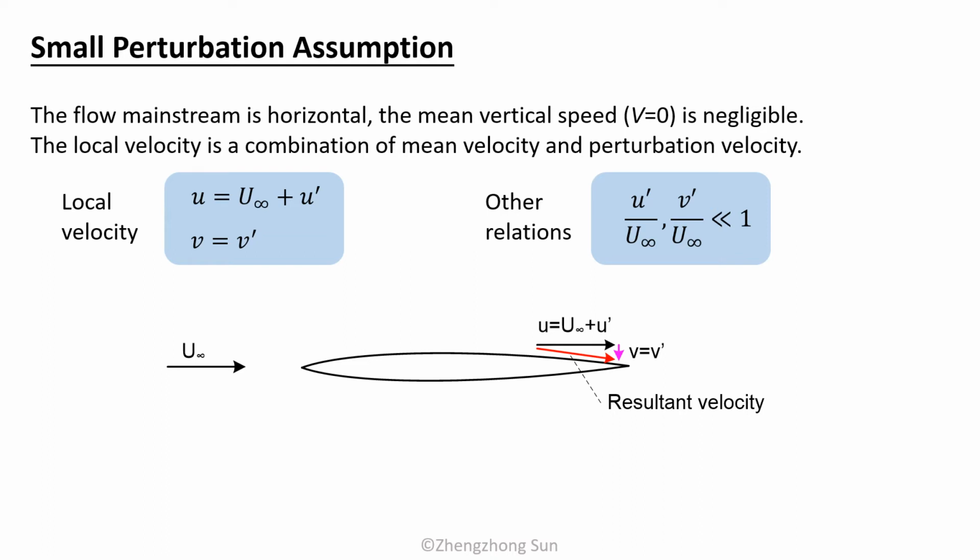For example, we have a thin aerofoil, and at a certain point here, the horizontal velocity is u infinity plus u prime, and the vertical velocity is v prime, and the red vector is the resultant velocity. Because this point is at the aft portion of the aerofoil, if the flow is irrotational, the red vector should point towards the down right direction. That's actually what happens.